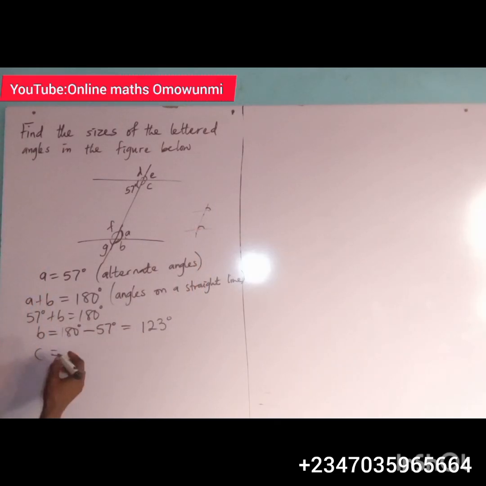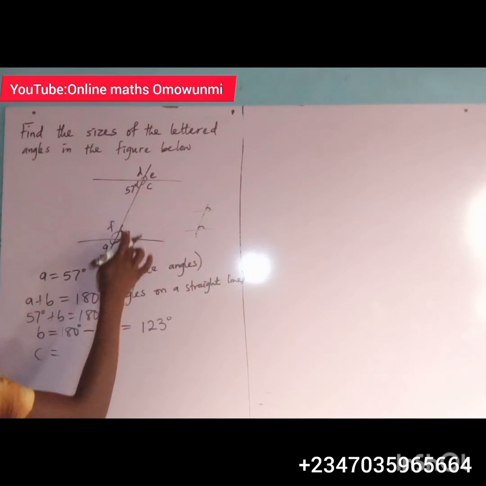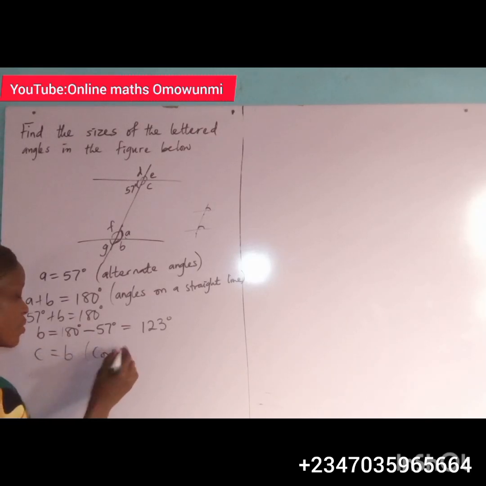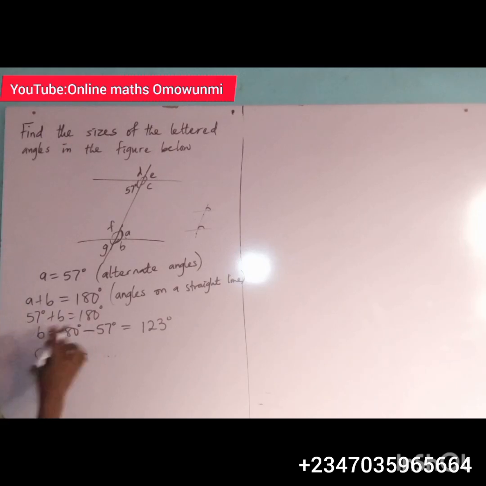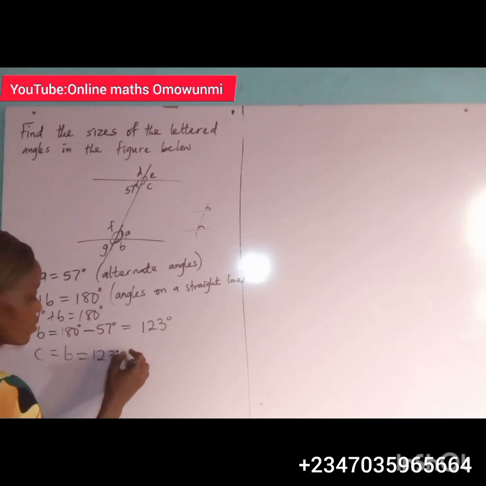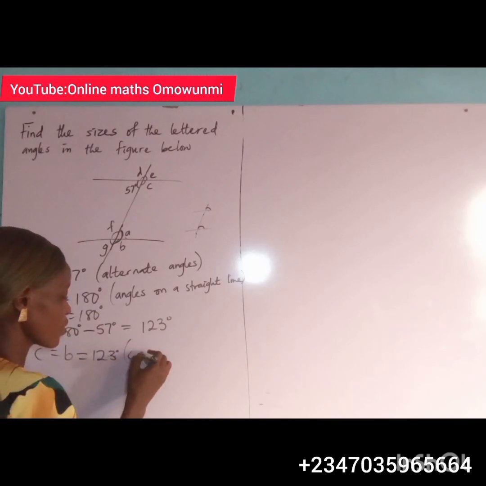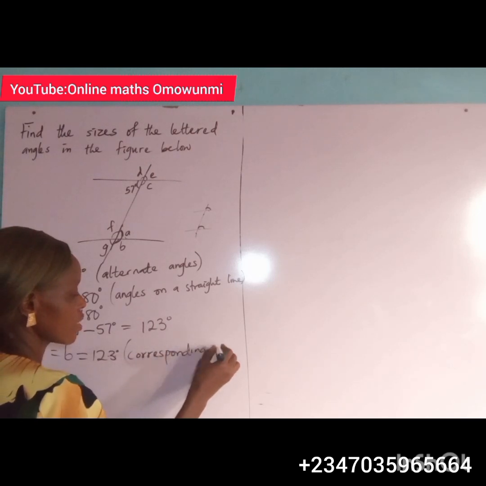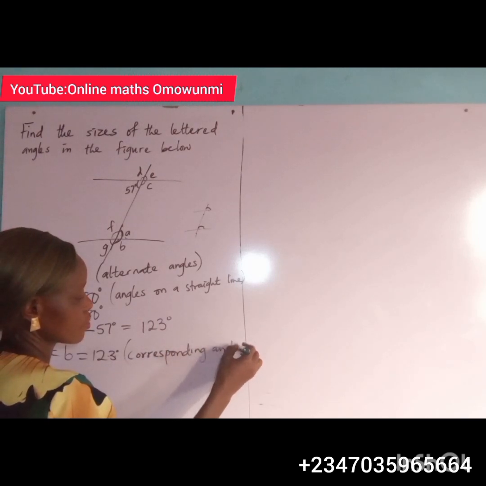So now C and B, they are equal, and our reason is corresponding. Since our B is 123 degrees, C is 123 degrees, and our reason is corresponding angles.